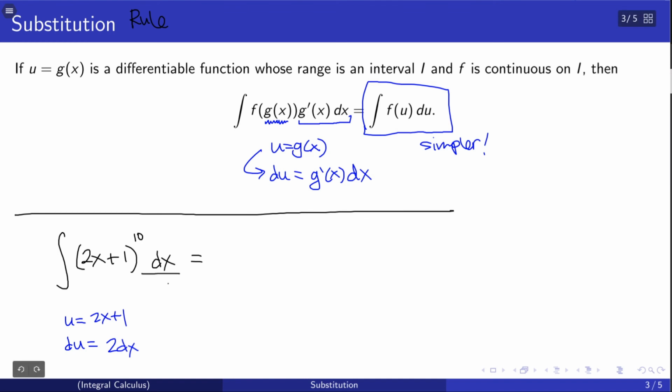That's no problem at all in this case, actually, because 2 is just a number, it's just a constant.